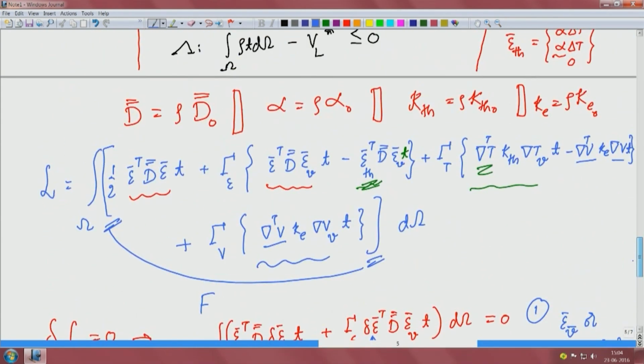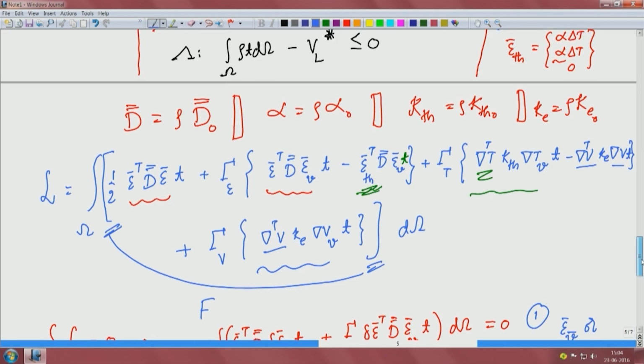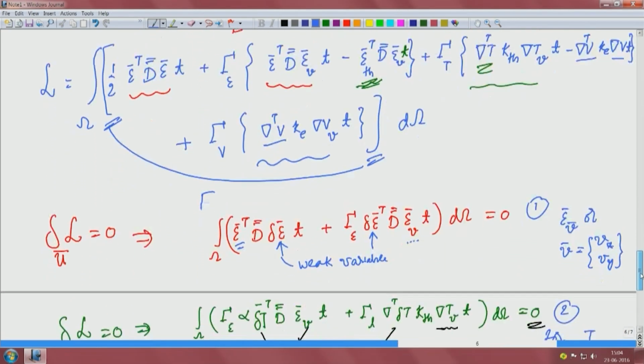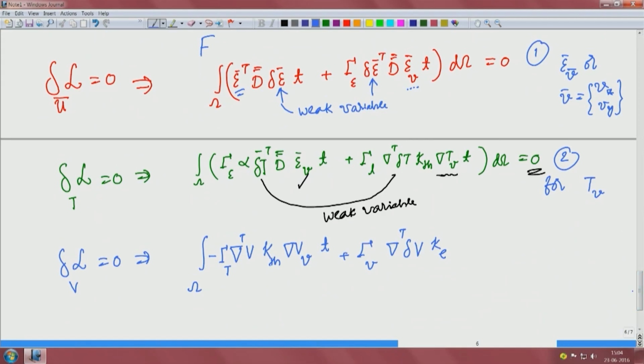So, let us look at the term we were writing. Oh, that both is actually Ke. So, del V and then del V. Yeah, that is Ke here, okay, and this is also Ke, and then we will have del V V t, all of this integrated equal to 0.